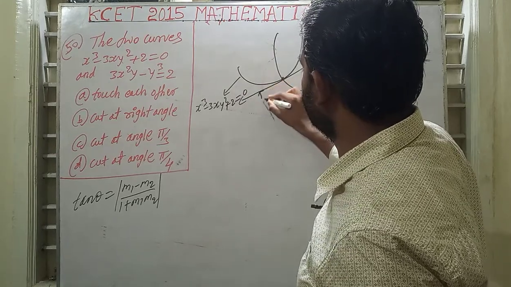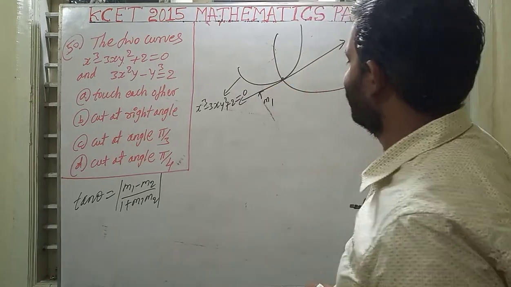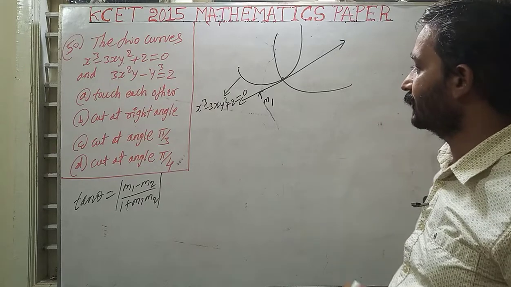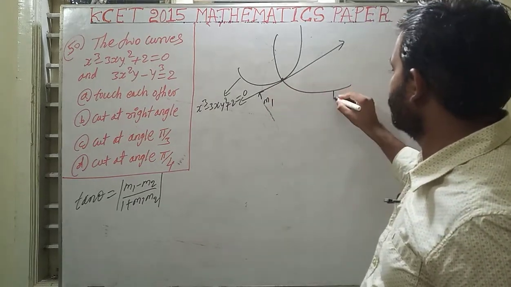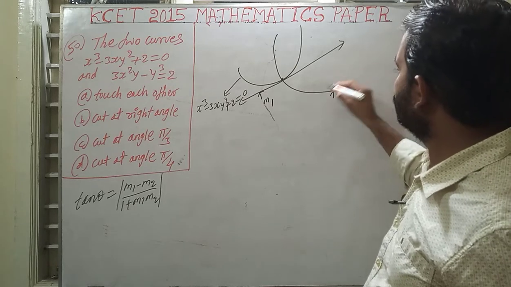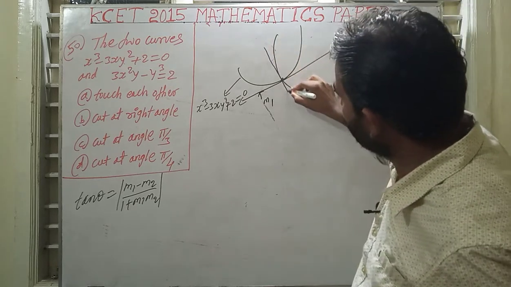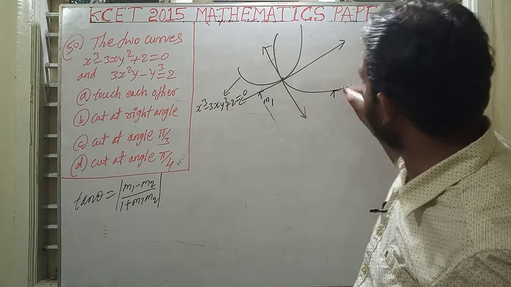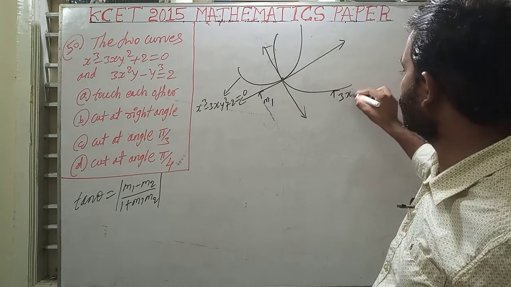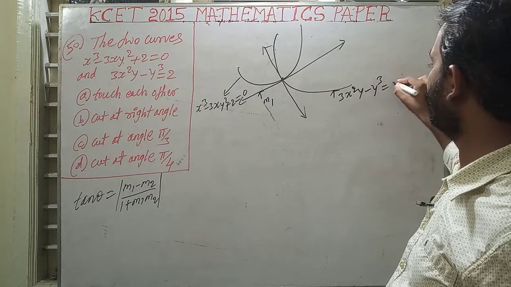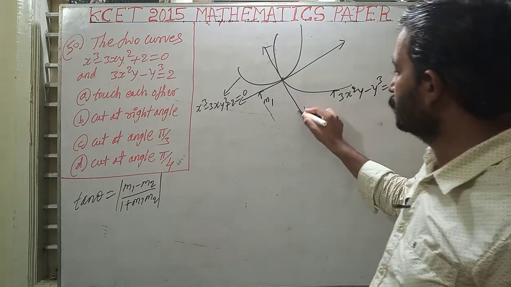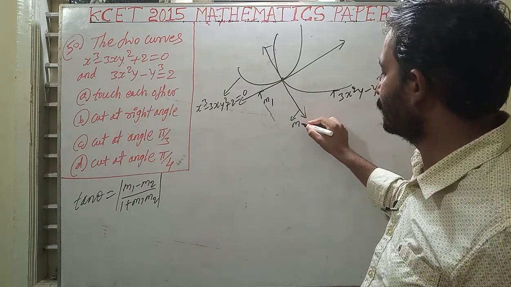The slope of the tangent to this curve is M1. This is the second curve's tangent at this point. The second curve is 3x square y minus y cube is equal to 2. The slope of this line is M2.